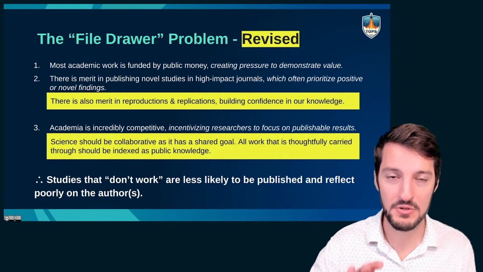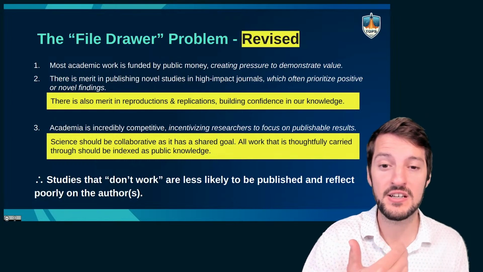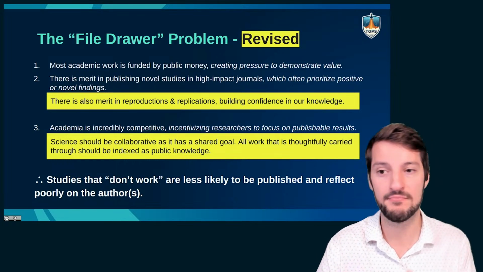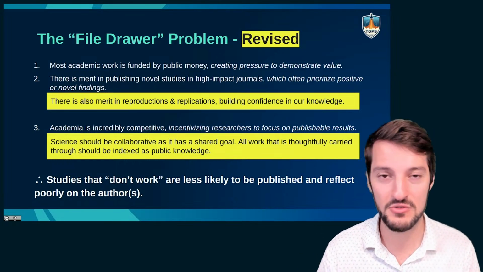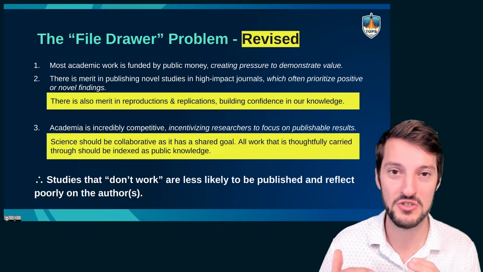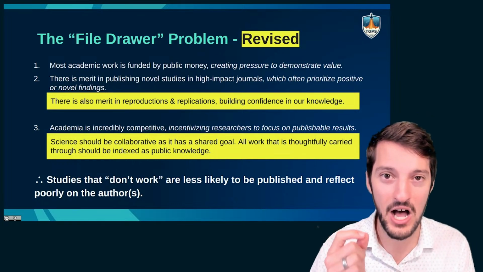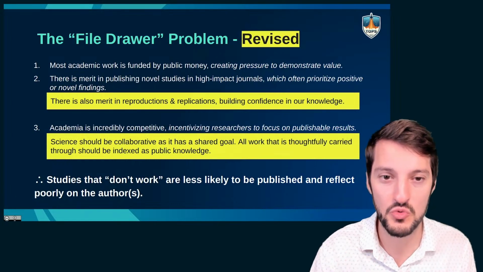And so what I would spin this to is that science should be collaborative, because more often than not, it has a shared goal. Even those research groups that don't agree with the way that you do things or don't agree with the concepts that you base your work on, you are all actually working towards a shared goal, and that is uncovering some truth.